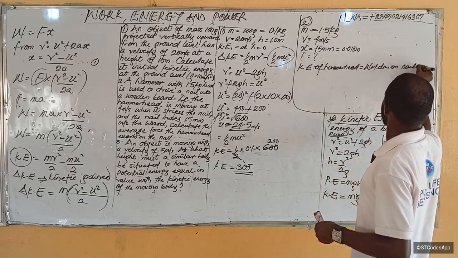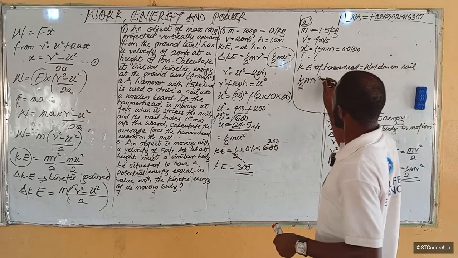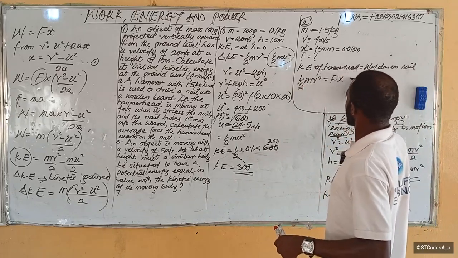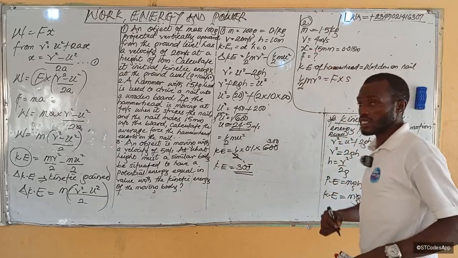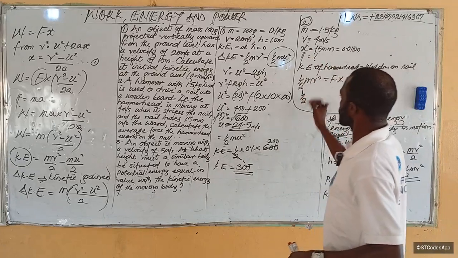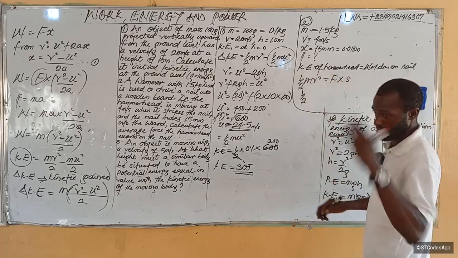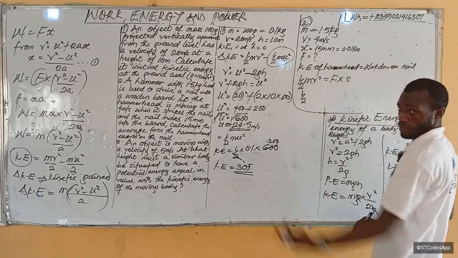Kinetic energy of the hammer, half mv squared, is equal to the work done on the nail, which is the force times the distance it moves. That's why we have to calculate the force. Do you understand this thing I said?